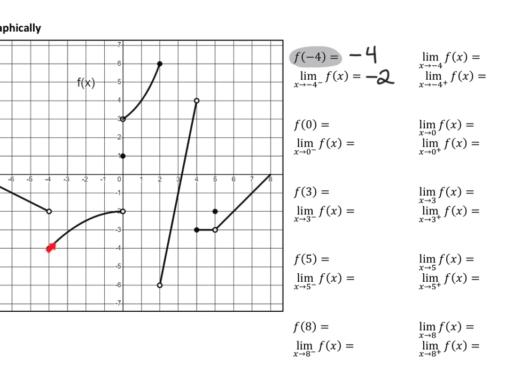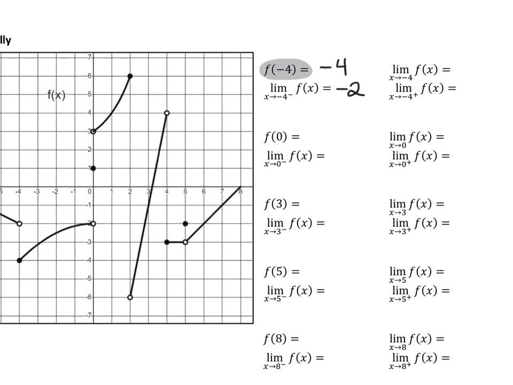What is it getting closer to as we get closer to -4? -4. Now, the reason I'm asking these questions is because we cannot answer the limit with a regular number unless the plus and the minus match. Do the plus and minus limits match? No, so we answer DNE, which stands for the limit does not exist. The limit does not exist, mean girls, okay? This is real. It's an actual math thing.